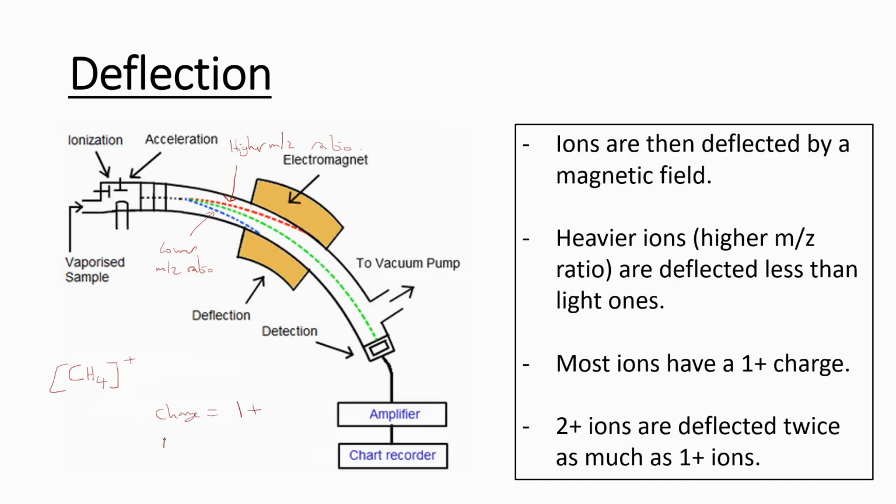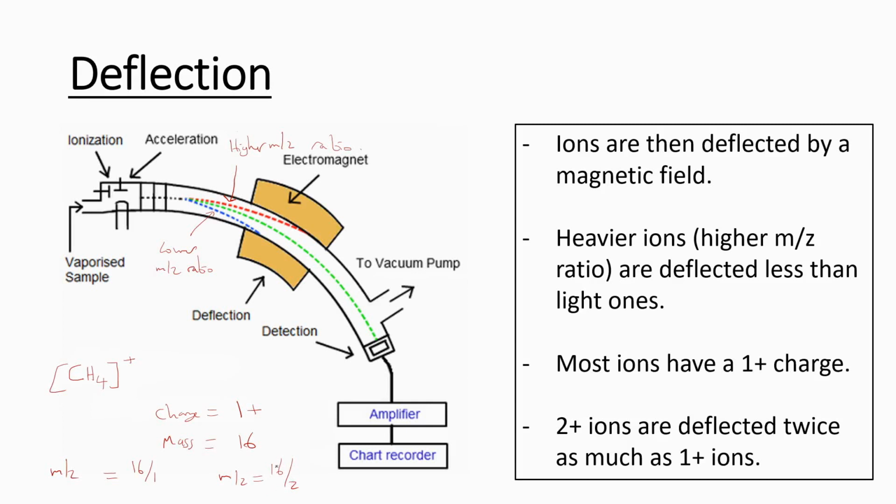The mass of methane equals carbon is 12, hydrogen is 1, and so it equals 16. So the mass to charge ratio is going to be 16 over 1, which is equal to 16. If the charge is 2+, then the mass to charge ratio will equal 16 over 2, which will be 8, and that will be half.